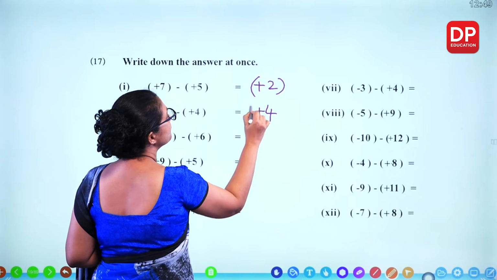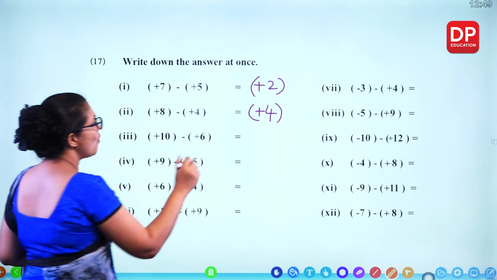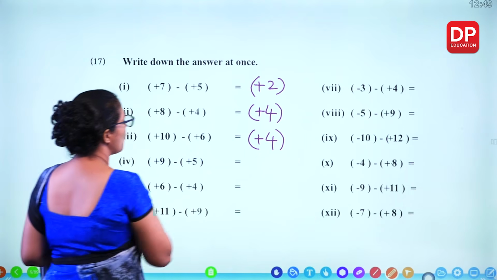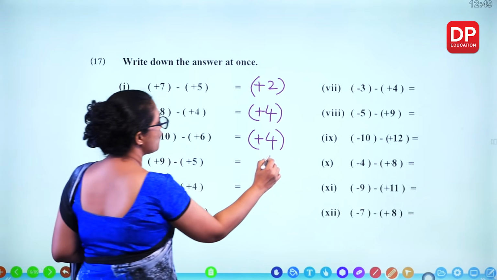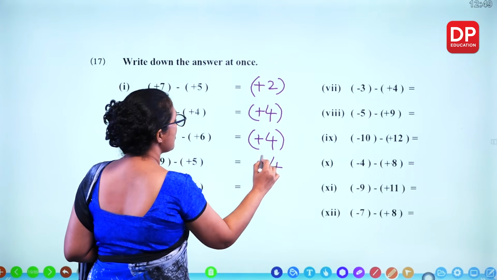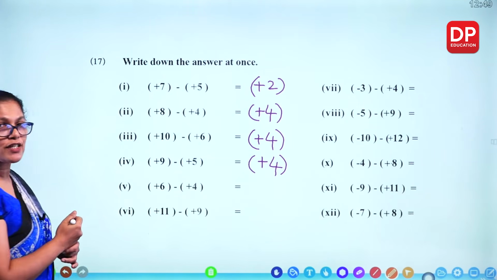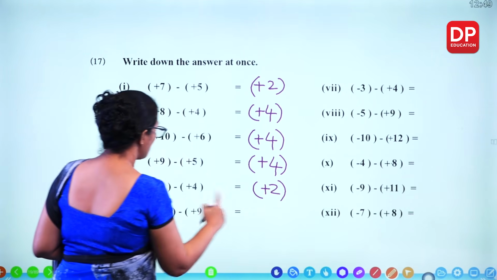Plus 4. 10 minus 6. You get 4 and this is plus 4. 9 and plus 5 difference is 4 and this is plus 4. 6 and 4 subtraction. You get plus 2.